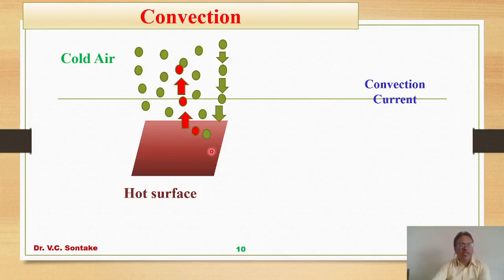This way heat is being transferred from the hot surface to the cold air. And how long will this transfer of heat take place from hot surface to cold air? Till the temperatures of hot surface and cold air become the same. The moment the temperature of the hot surface becomes equal to the temperature of the cold air, heat transfer will stop immediately.